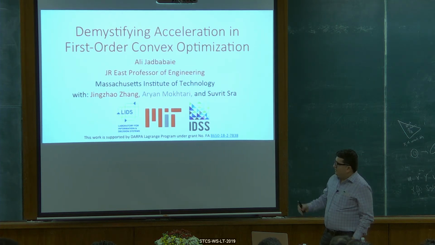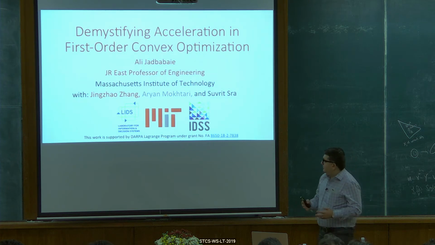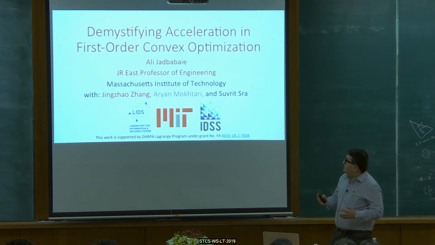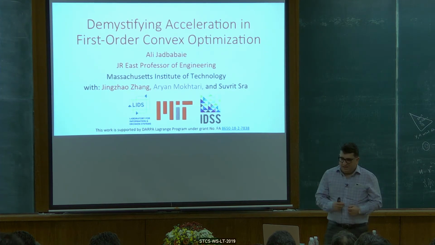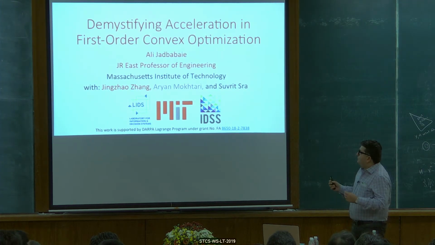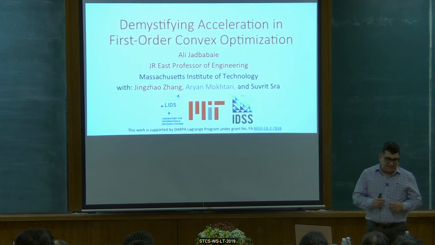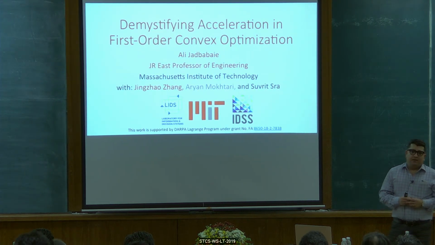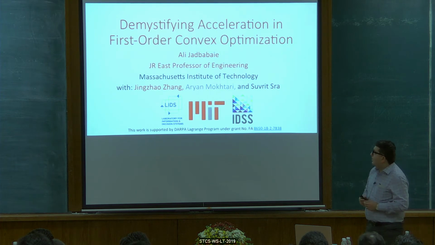As you'll see, the standard first-order methods are gradient descent and its variants. They're slow, and there are ways of speeding it up. This talk is basically two little vignettes, two small results about attempting to understand where this acceleration phenomenon is coming from.